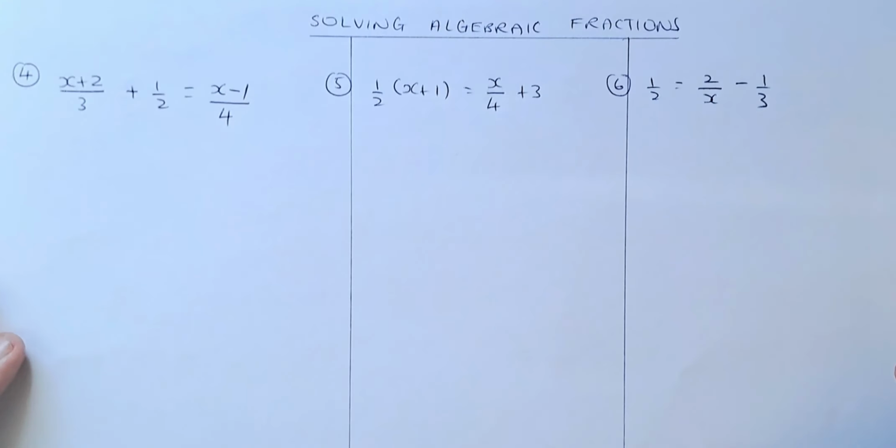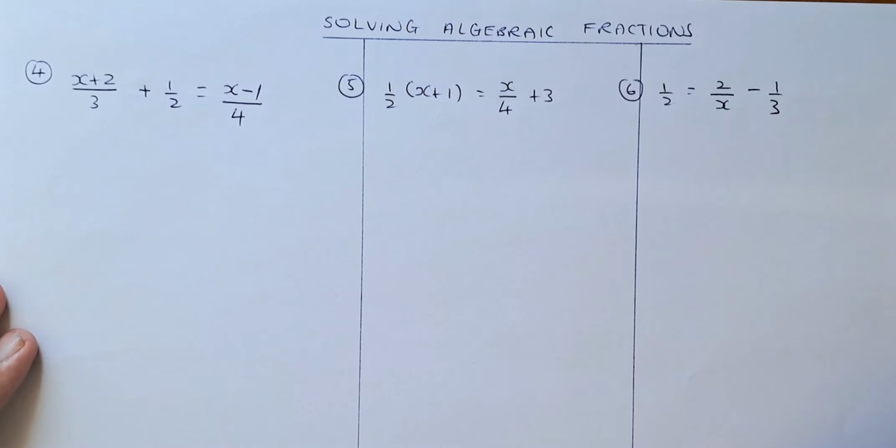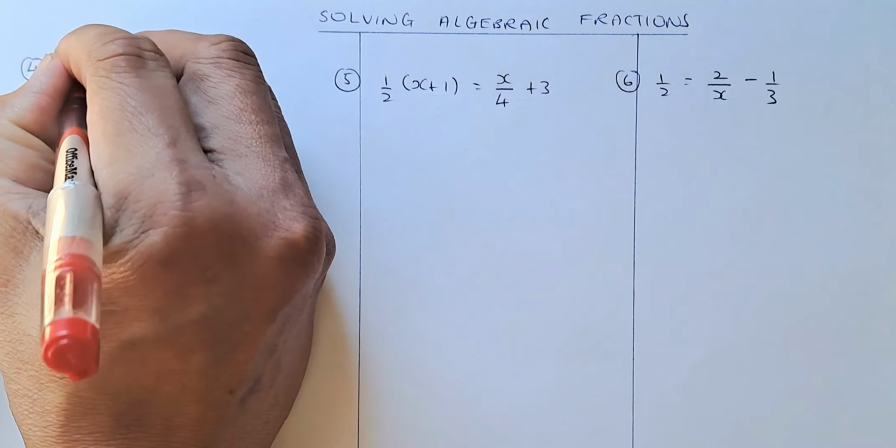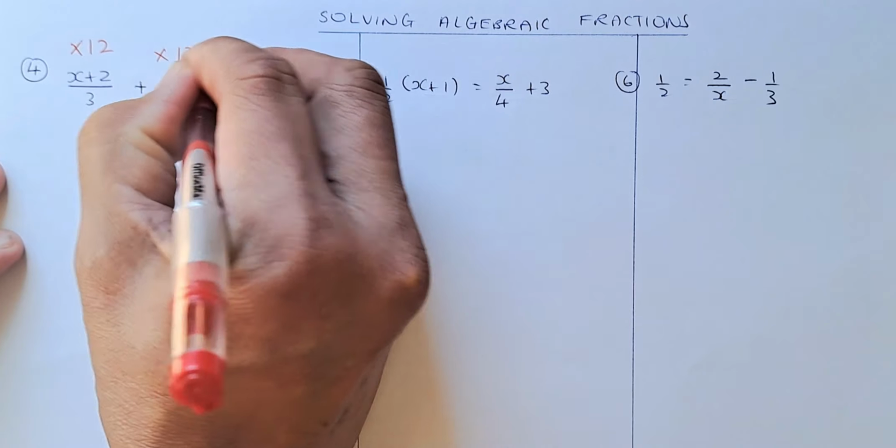Okay, now we're going to do the 3 hardest examples. So let's do it, okay? So the next example is that you have (x + 2)/3 + 1/2 = (x - 1)/4. Again, you must find the lowest common denominator, and the lowest common denominator is 12. So you multiply by 12 in each term, okay?